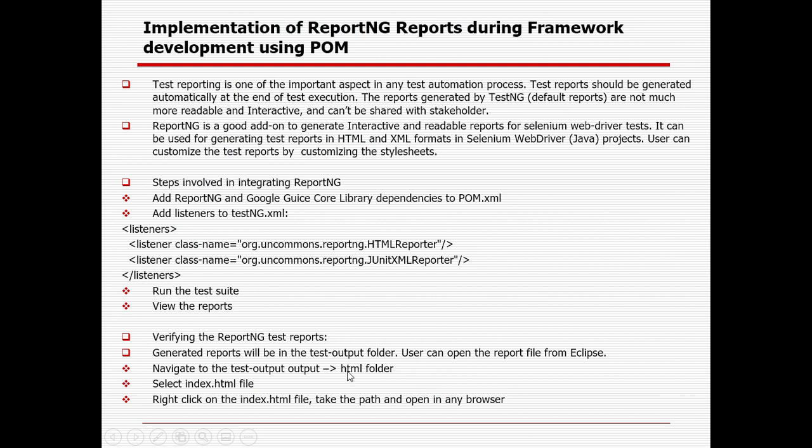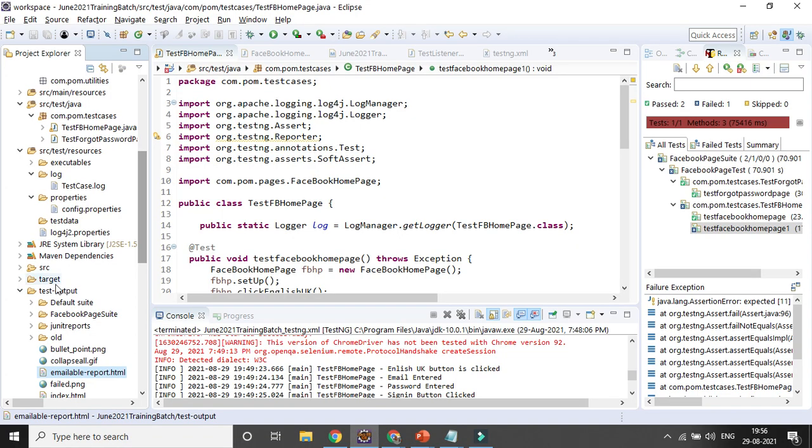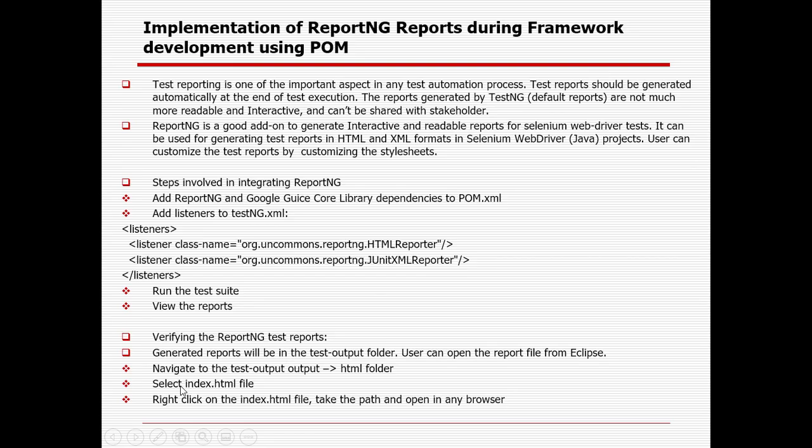After you add these two listeners and the dependency, once you run your test cases from the testng.xml file, you can see in the test output folder an HTML folder will be created, which is not available now, which will be available after implementation of ReportNG. And there you can get the index.html file. If you right click here, you can get the report in the ReportNG format.